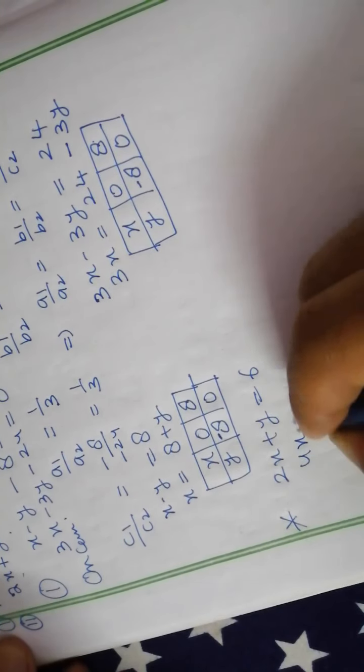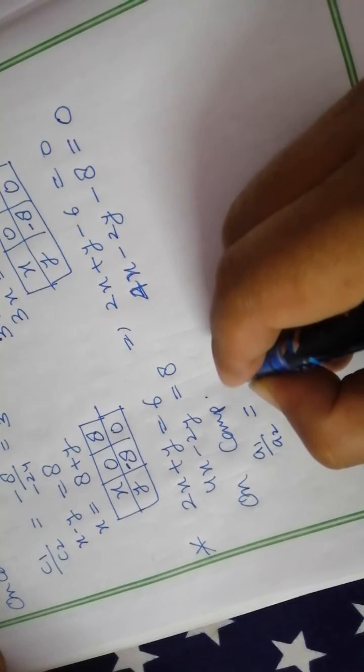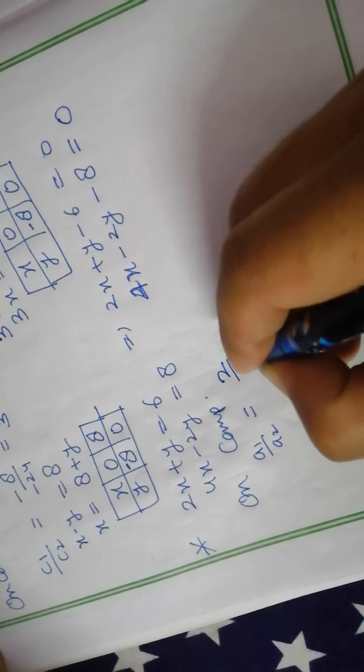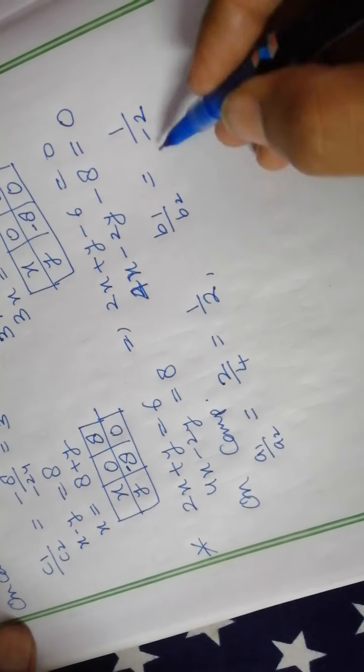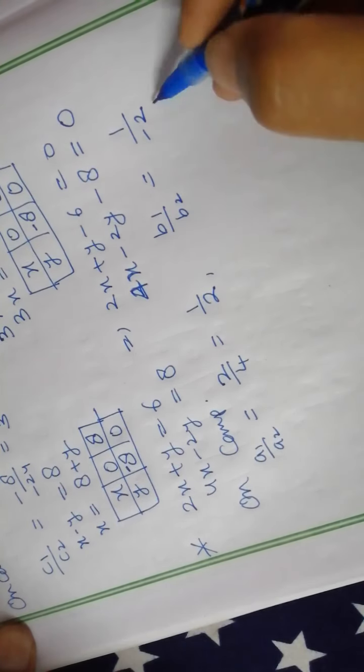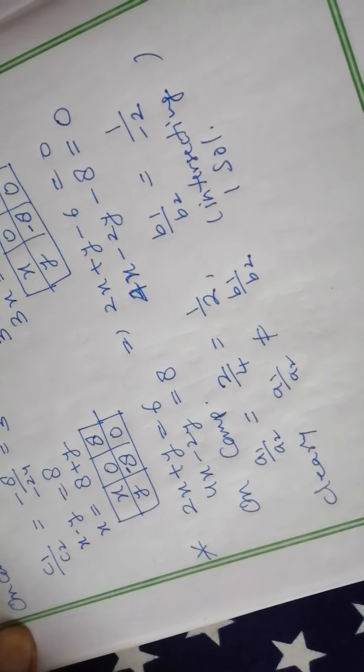So a1 upon a2 equals 2 upon 4, which means 1 by 2, and b1 upon b2 equals 1 upon minus 2. Clearly a1 upon a2 is not equal to b1 upon b2, hence the lines are intersecting and they have exactly one solution. Now we have to calculate this solution using the graphical method.